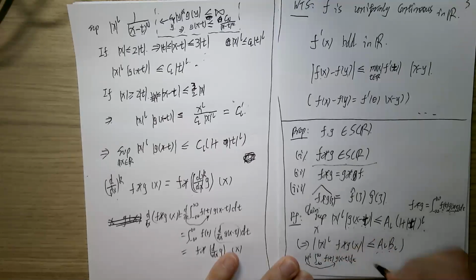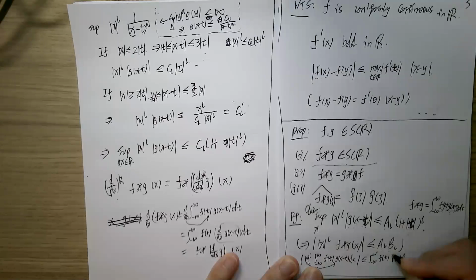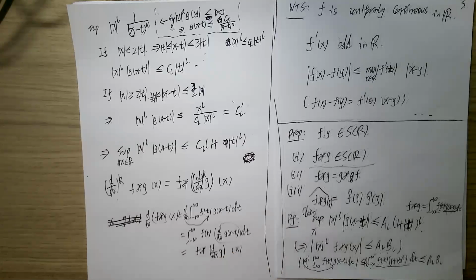And then these two combined by this property is less or equal than the integral from minus infinity to infinity of ft times 1 plus t to the power L dt, times A, right? And then you can see that ft is a Schwarz function, so multiplying by this polynomial is still integrable. So the total integration is another number, and we can call it some number depending on L, BL.